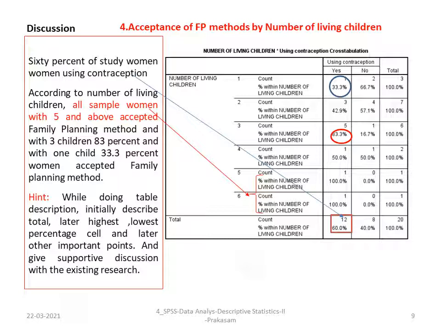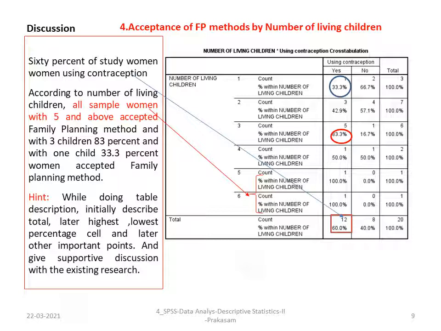Here we have given the column-wise use of contraception, and row-wise the number of living children. Considering this, the output is given here. First of all, if you look at this table, it shows that 60% of the study women are using contraception, and 40% of the study women are not using contraception.